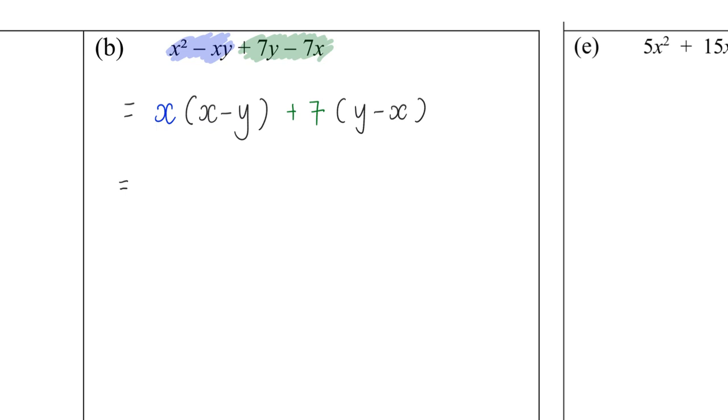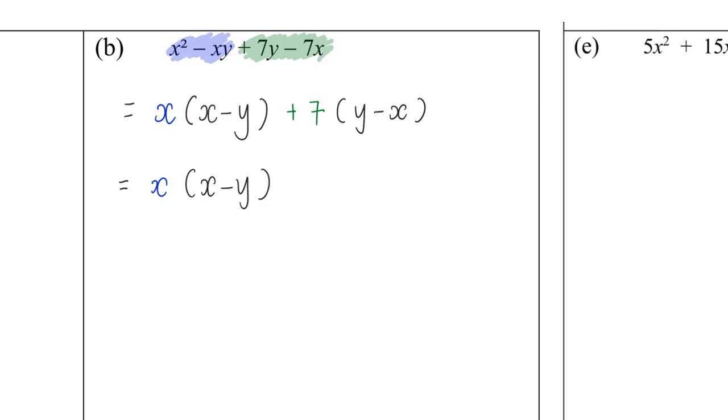Now, how do I do this then? x minus y and y minus x are 2 different brackets, or expressions. But I could do something such that they are the same. So I'm going to just write this down first.